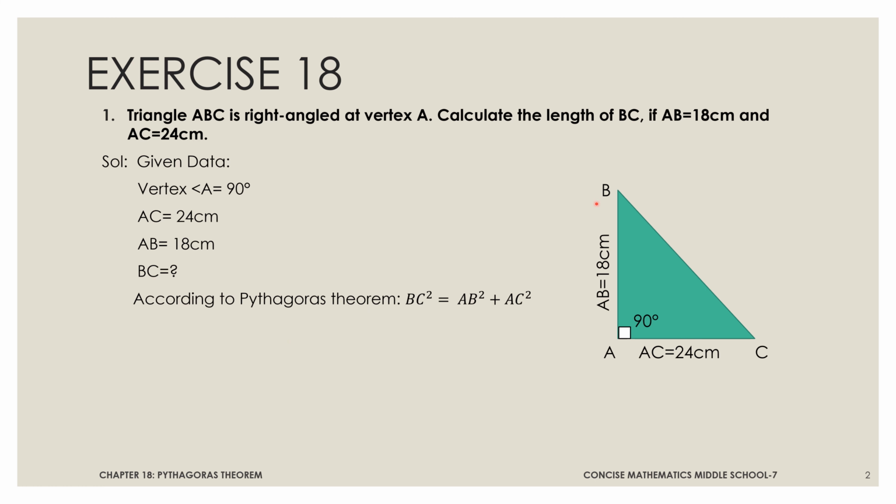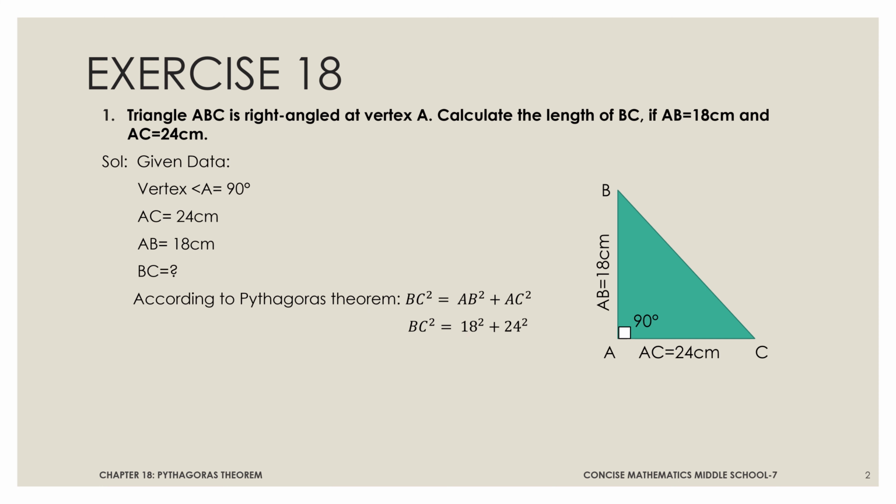So BC, we don't know what BC is, so just write down as it is. And in place of AB, what is AB? It is 18. So 18 square, you are having a square over here on the top, plus, and what is AC? 24 square, right?